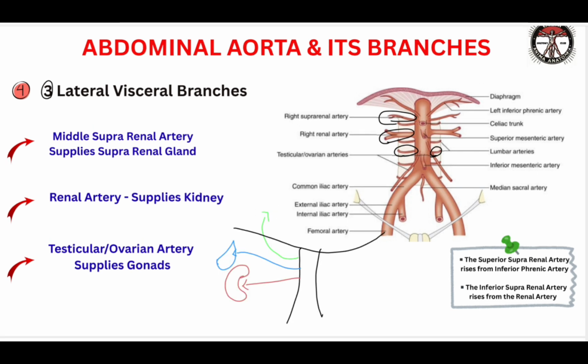Yes guys, this is the neat diagram, the decent diagram I can draw. We know this is the renal artery, this is the middle suprarenal artery, and this is the inferior phrenic artery. The first one is the superior suprarenal artery, which arises from the inferior phrenic.